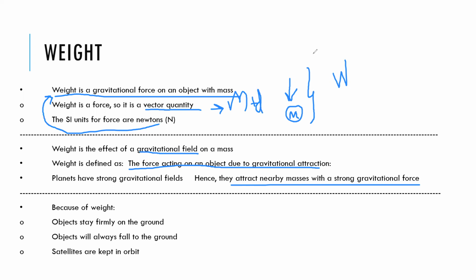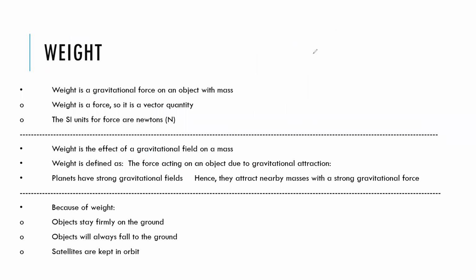Now, I'm sure you would not easily understand the concept, but further we'll see a formula to calculate weight, and there you can understand the relation between mass and the force of gravity, which is g, that is acceleration due to gravity.